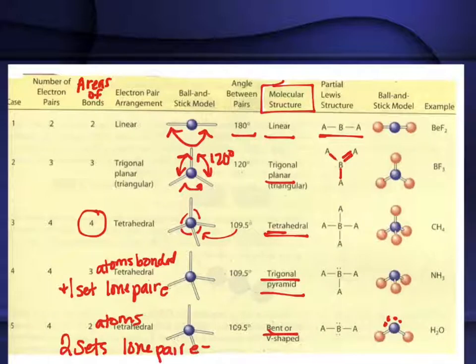Bent will always have lone pairs. And yes, you've got to memorize linear, trigonal planar, tetrahedral, all those. Any questions? Everybody good, or do you need a second?